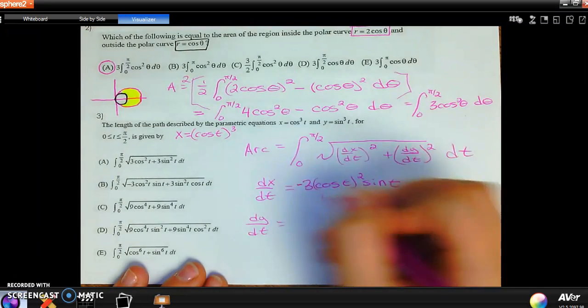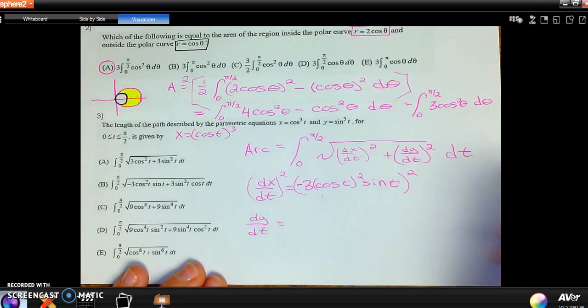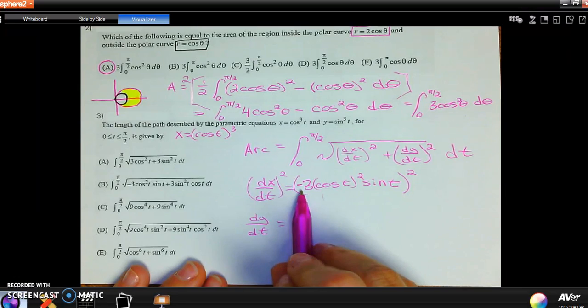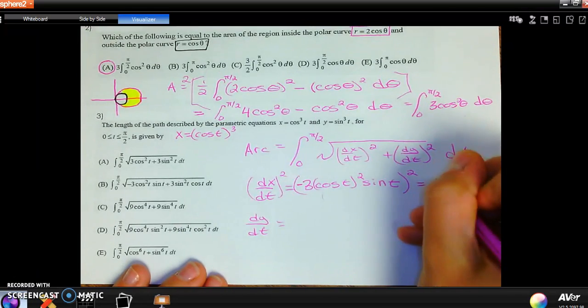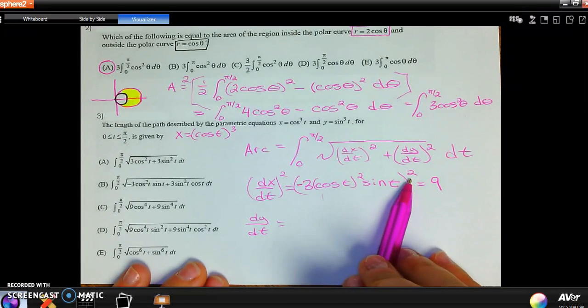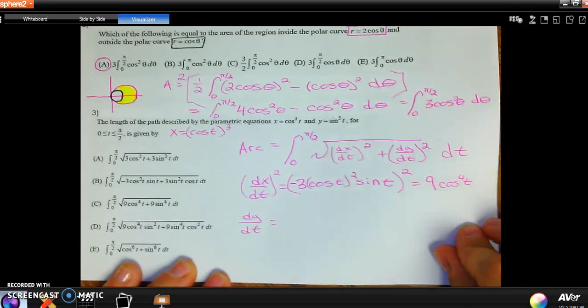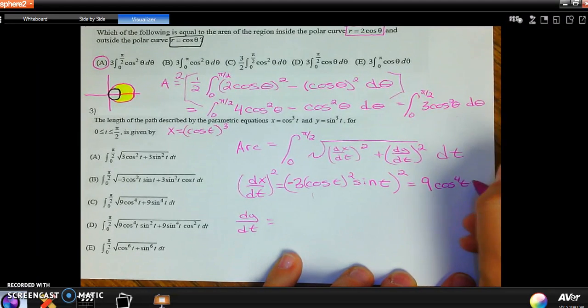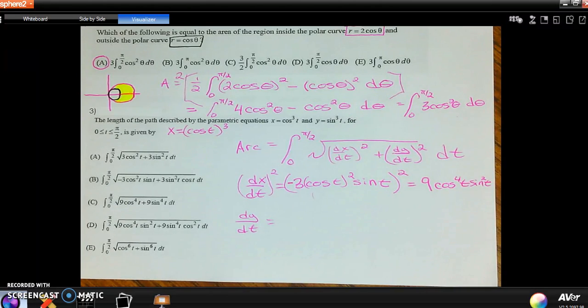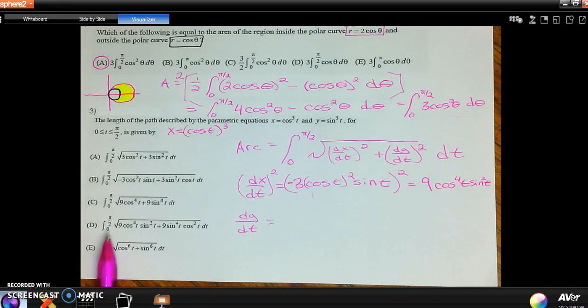When you square it, the negative 3 goes to a 9, cosine squared quantity squared makes that cosine to the 4th t, and then sine squared t. There. So that's the first part.